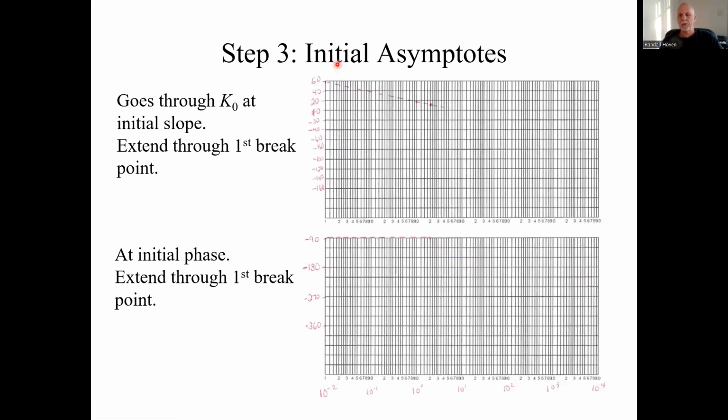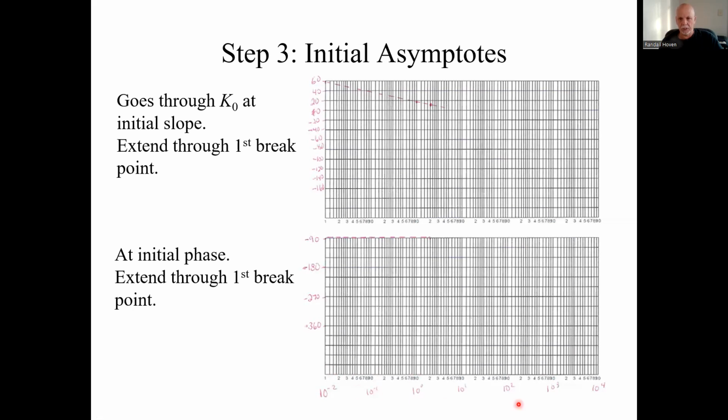So step 3 is those initial asymptotes. We have that K0. Well, let's see. First, here's how I labeled the frequency. Here's 10 to the 0. That's an important point, and you usually want some space to the left of that.